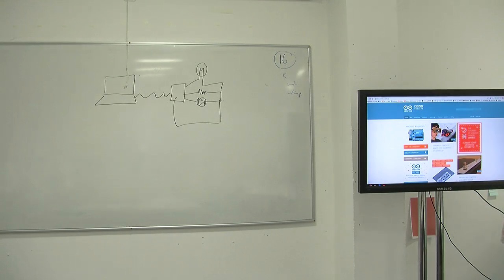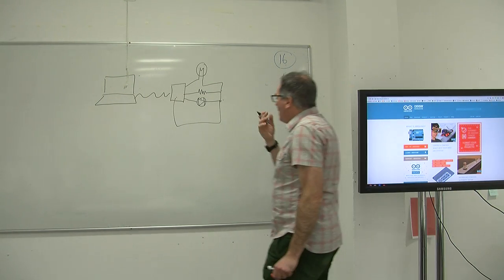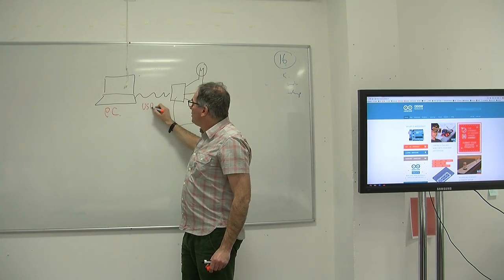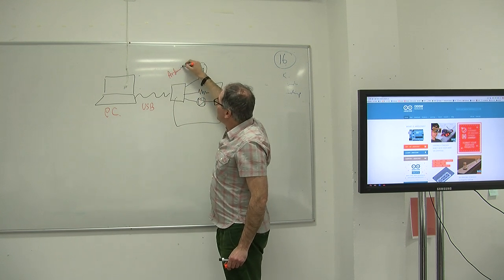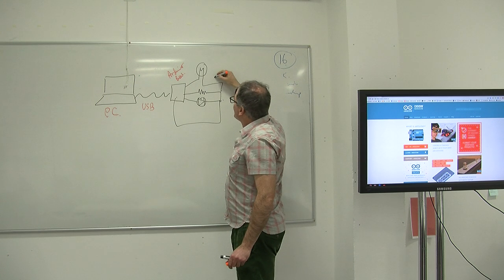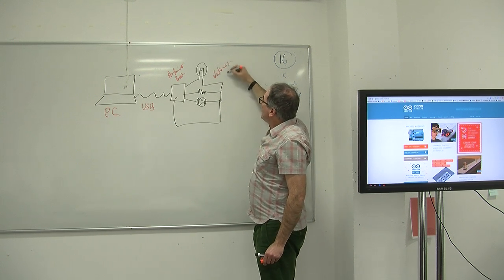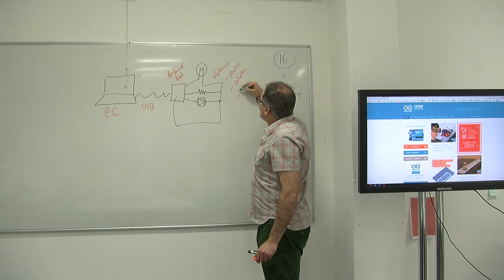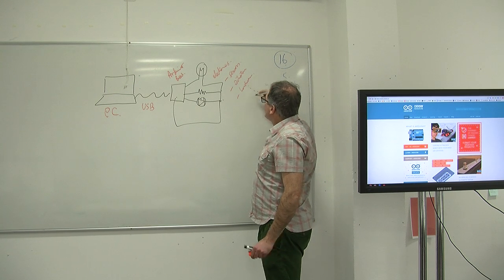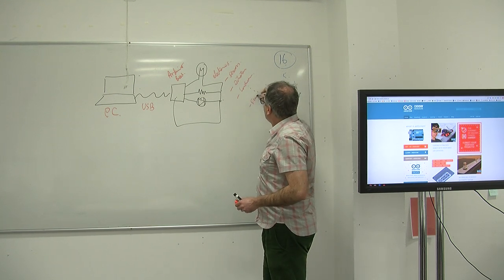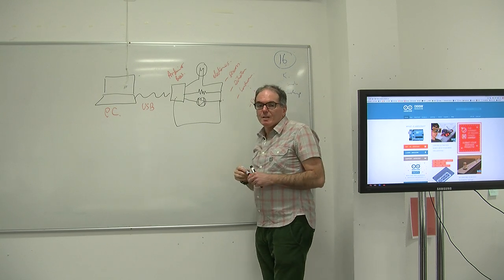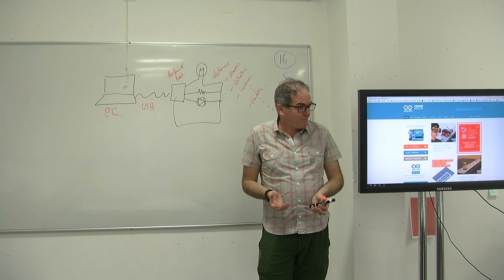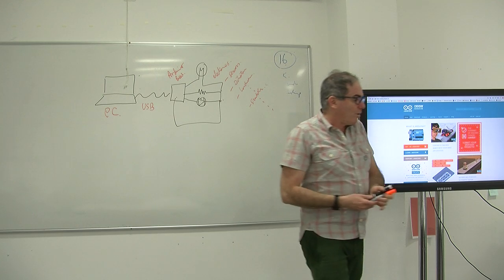So, the key elements are that you need a PC, a USB cable, an Arduino board, and some electronics. And here we have sensors, actuators, transducers, switches, etc. Here again, I'm talking about things you guys are not familiar with. So, how do we do all these things?